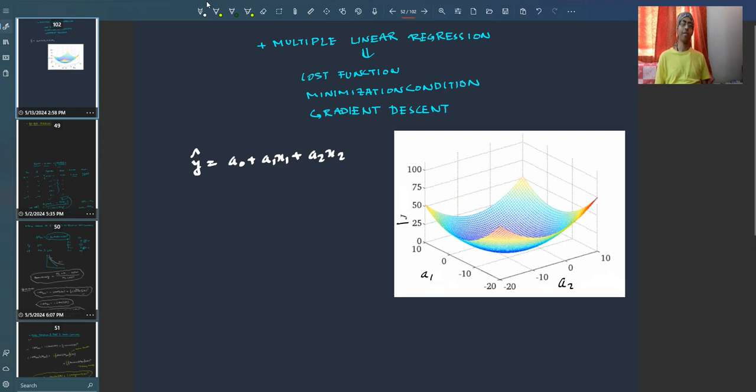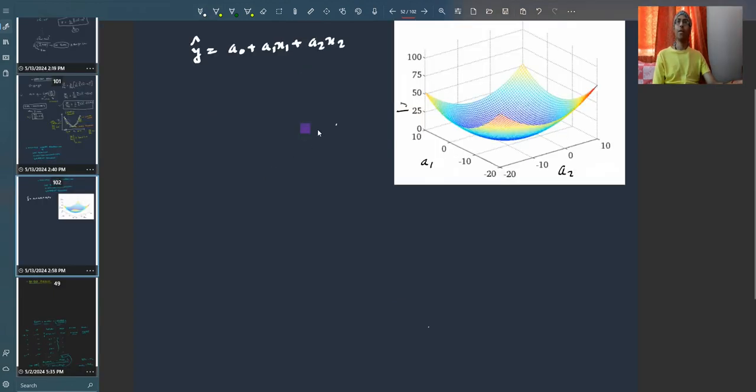Now as the number of features goes on rising, we cannot represent it in pictures, but the algorithms can still minimize it. So we are going to apply the matrix format for linear regression with multiple features, or multiple linear regression. Now let's complicate things a little bit.